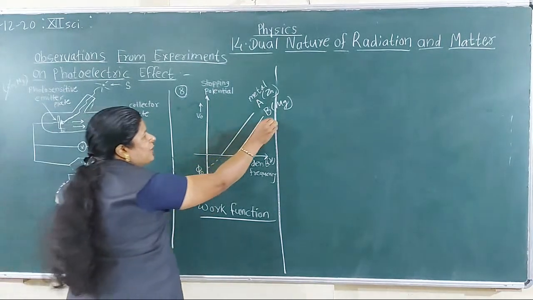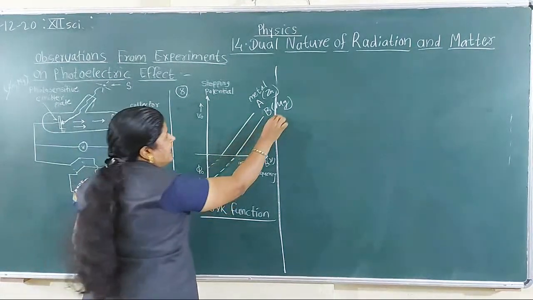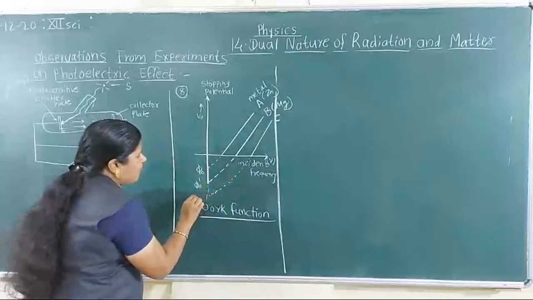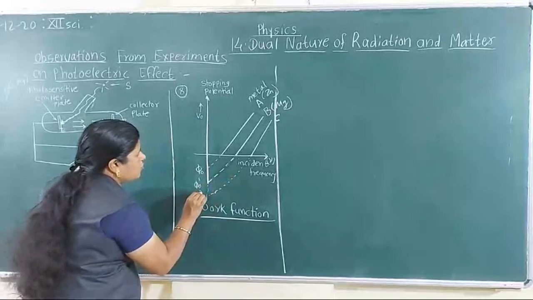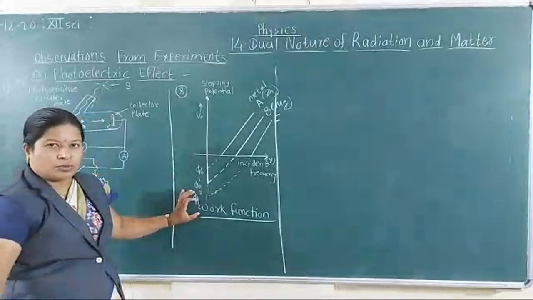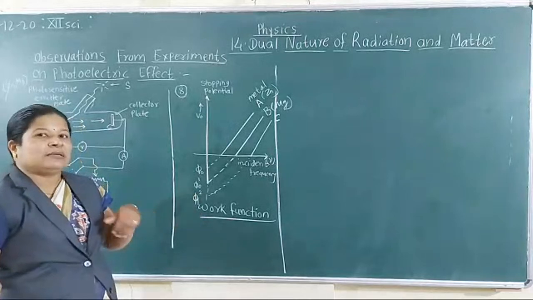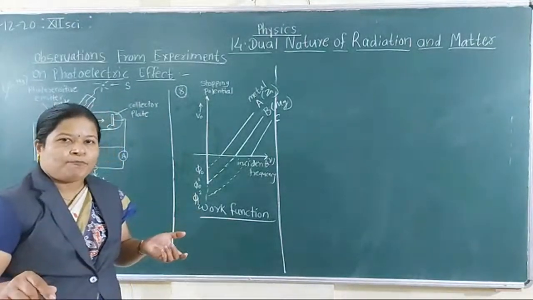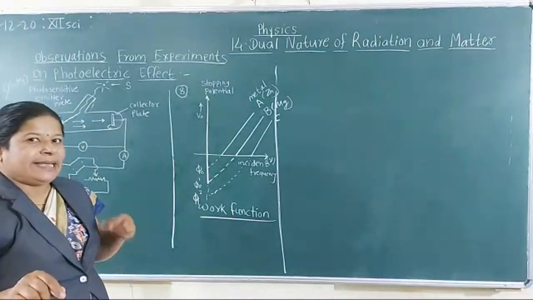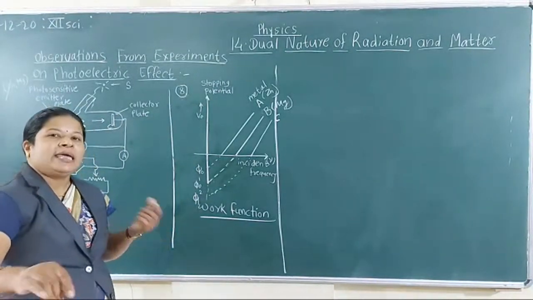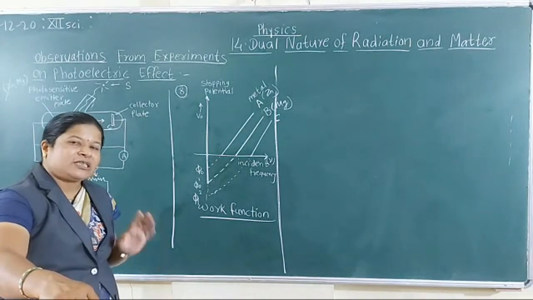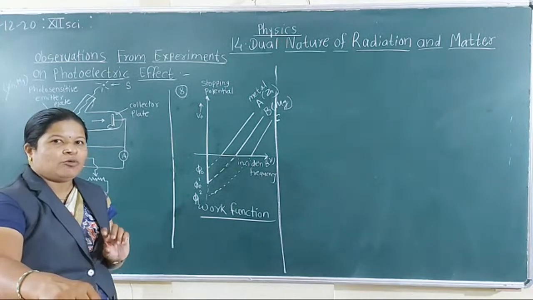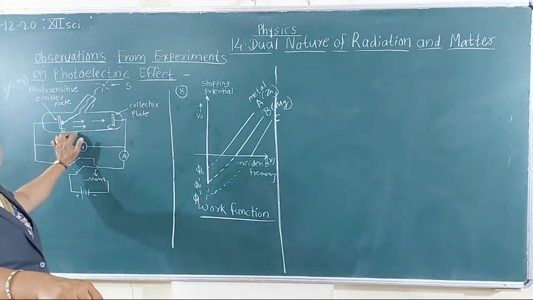Again, we use a different metal, and phi naught is also different. That means the frequency of ejection from the different metal plates is different. So the ejection of electrons also depends on which type of metal we use in this setup.